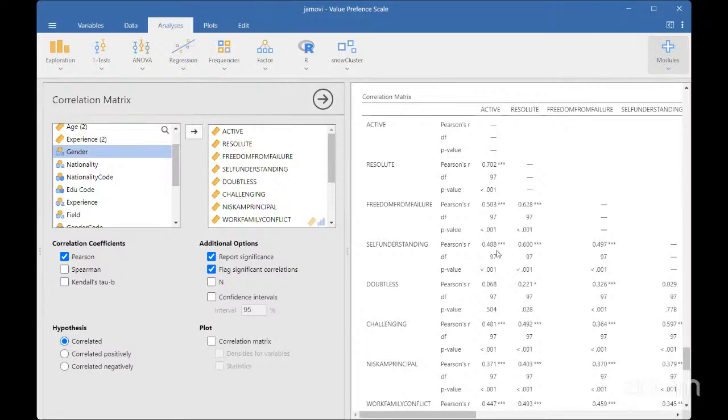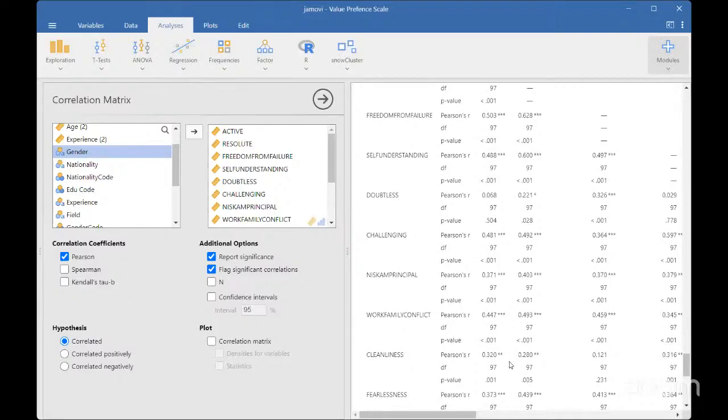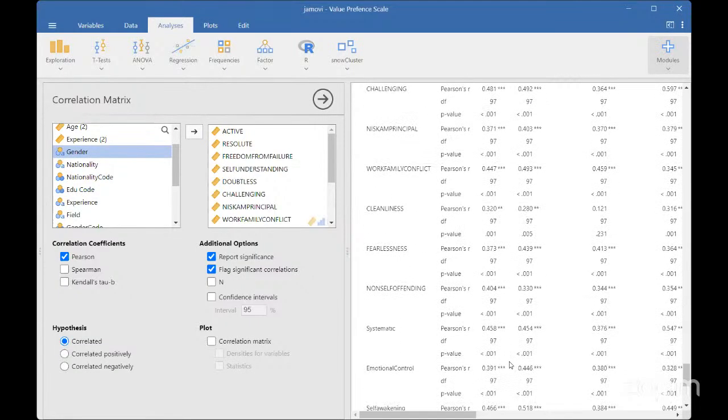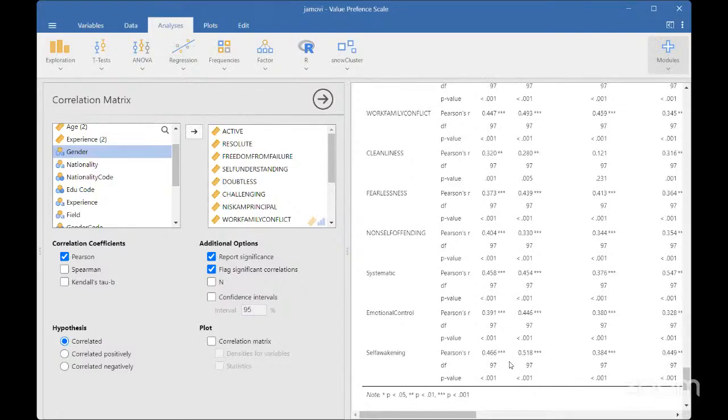But doubtless is not related to, except doubtless, other variables are highly correlated. So since the values are correlated, then we can do another analysis.